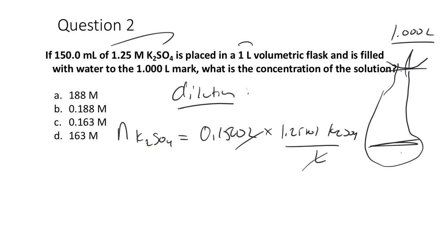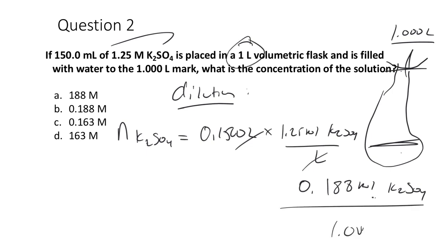And so that gives me 0.15 times 1.25. That's 0.188 moles of K2SO4 in that solution. And then we're just changing the total volume from 150 up to a total volume of 1 liter. So we just need to divide this by 1.00 liters. And so that's going to give me 0.188 moles per liter.